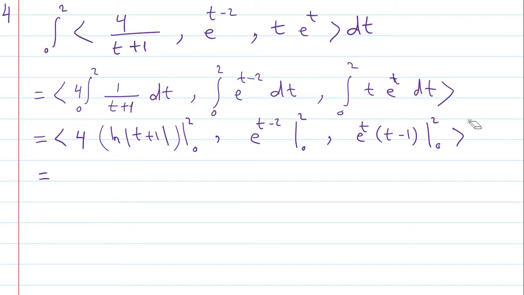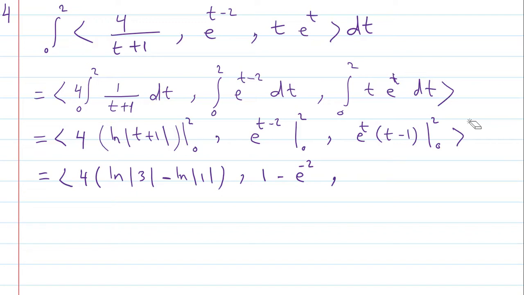So we have for the first component 4 times ln absolute value of 3 minus ln absolute value of 1. And for the second component, when you substitute by 2, e to the power 0 is going to be 1, minus substitution by 0, which is going to be e to the power negative 2.